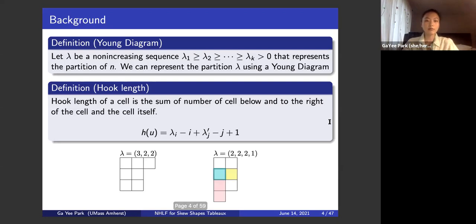And given the diagram, the hook of a cell is all the cells below and all the cells to the right and the cell itself. So this is the hook of this blue cell over here. And the hook length is given by this formula, where lambda sub i minus i counts the cells on the right, and lambda prime sub j minus j counts the cells on the bottom, and plus 1 is the element itself.